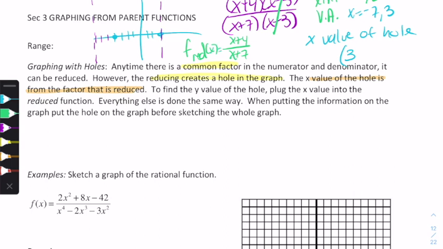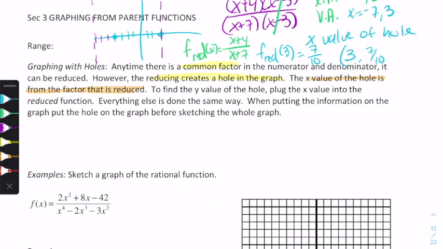Okay, so I use this to represent reduced, f reduced of x, and I would plug this 3 into here. So I'm finding f reduced of 3, and that gives us 3 plus 4 on top, which is 7, and 3 plus 7 on the bottom, which is 10. So then our lack of a point would be at 3, 7/10.